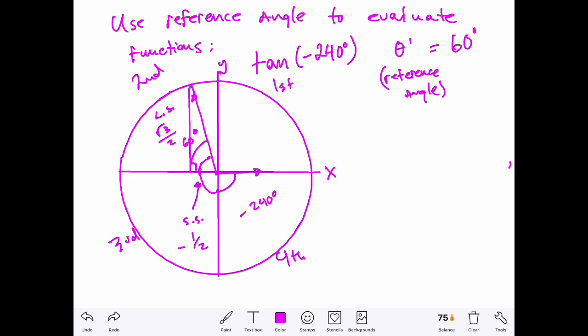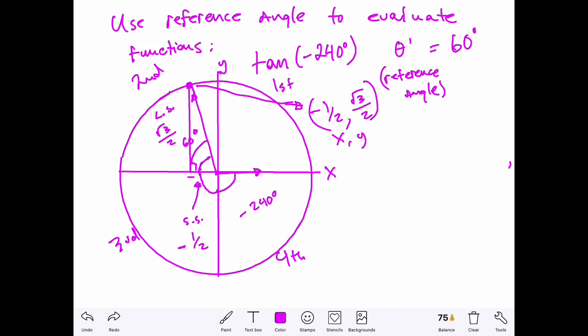So negative x, short side, and positive y, long side in this case. So this location up here is negative 1/2, comma, root 3 over 2. Okay, and that's my x, comma, y.